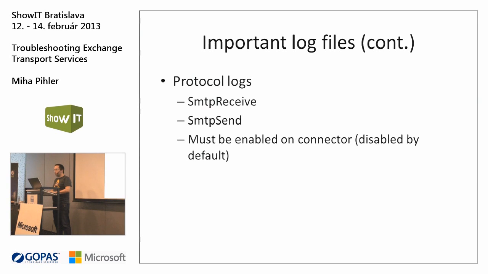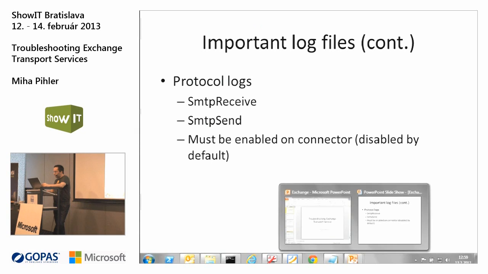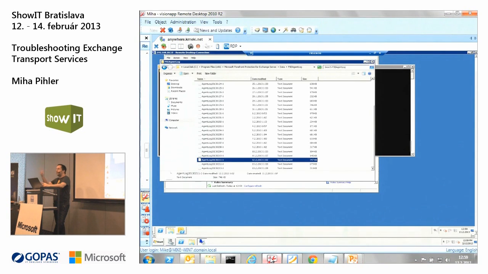Another log file that you should be familiar with are SMTP receive and SMTP send. But these are not enabled by default like agent log files are if you're using agent filters. Still, you won't see, let's say, the subject of the email in these log files.